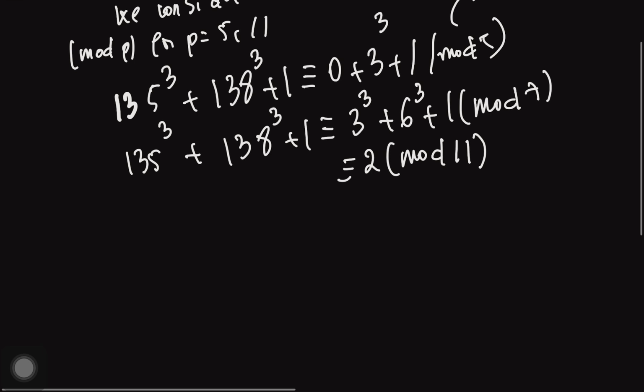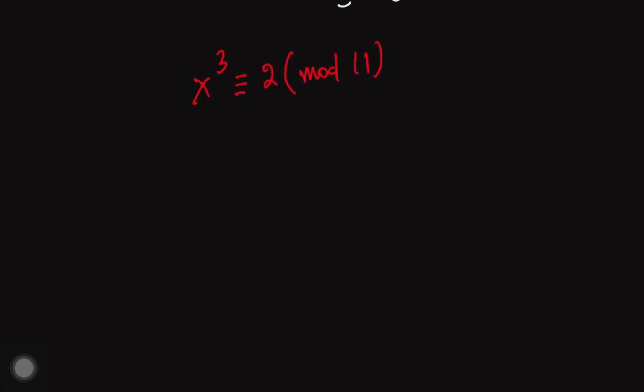So far we've reached that x to the power 3 is congruent to 2 mod 11 and 3 mod 5. That's easily solvable using the Chinese remainder theorem.